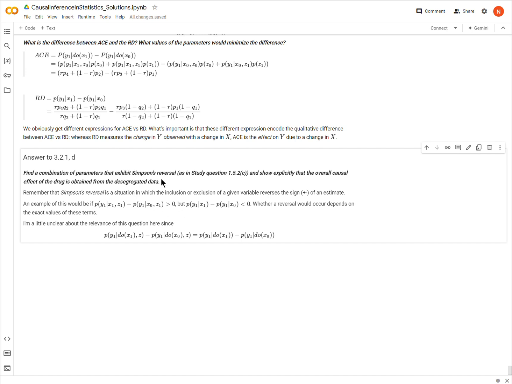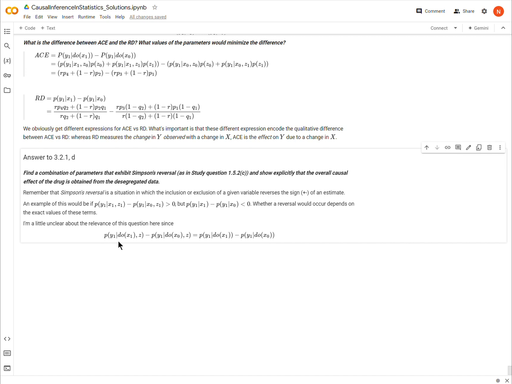Now, I think that this wants us to give particular values for each of these probabilities, and I'm just not going to do that. I think once you understand the concept, that's good enough, and finding exact values, I'm just not interested in doing that. I'm also a little bit unclear as to why we are doing that in this question, because notice that these do expressions here, by doing x1 or x0, that is conditioning over the effect of Z. And so I believe that these expressions are these expressions, right?